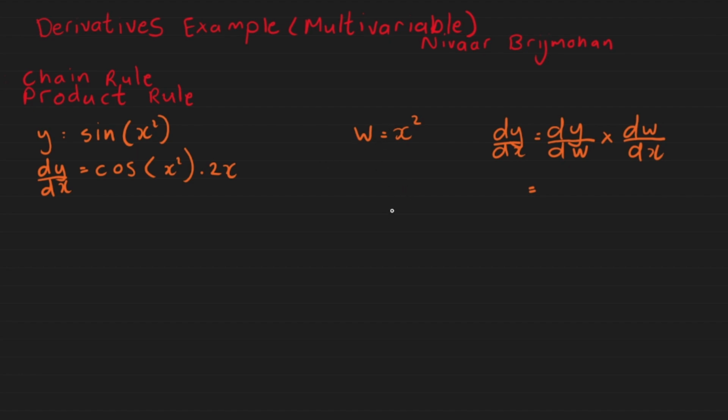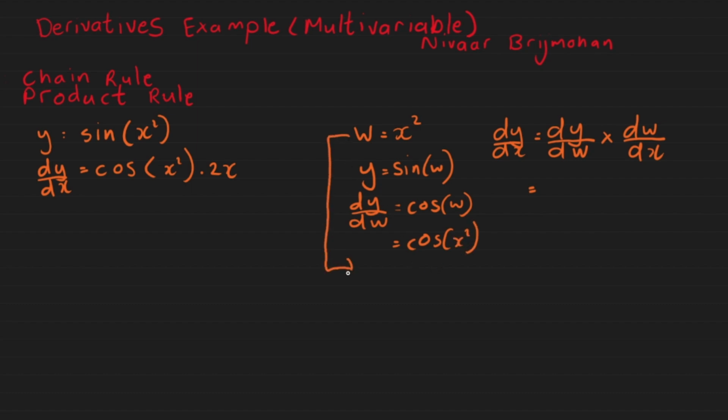So if w is x squared, it means that y is the sine of w. So dy/dw is equal to the cos of w, which is just the cos of x squared. And the derivative of w with respect to x is simply 2x.